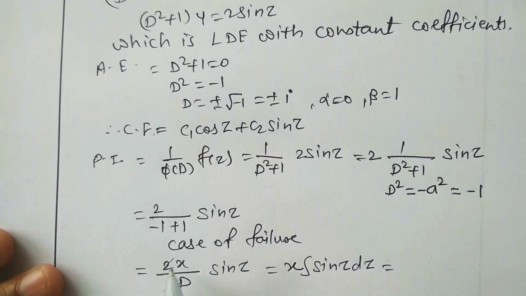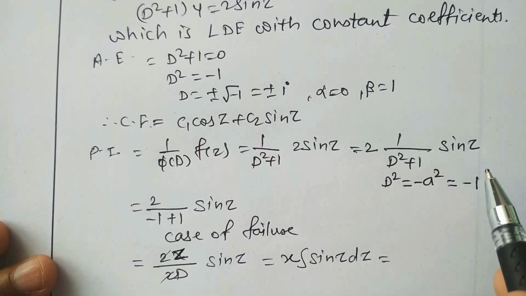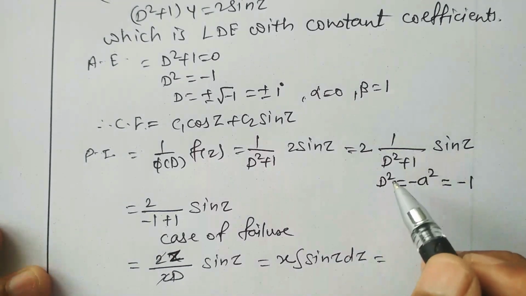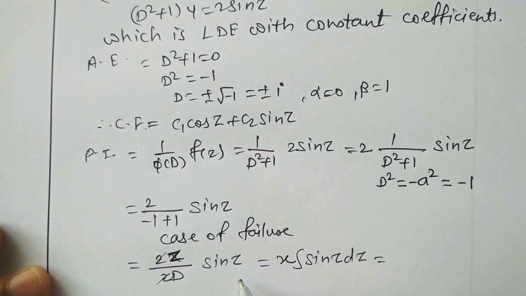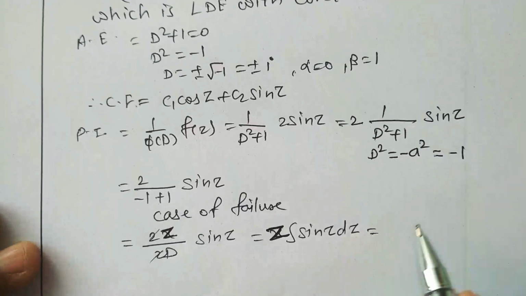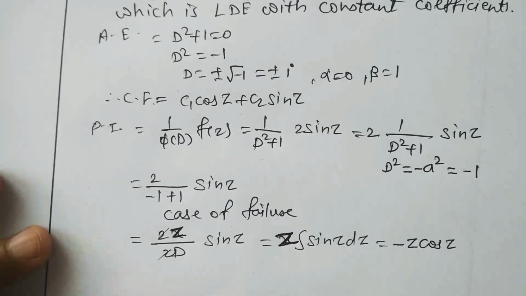So this is z into the integration of sin z, which is -cos z, so -z cos z is our particular integral.